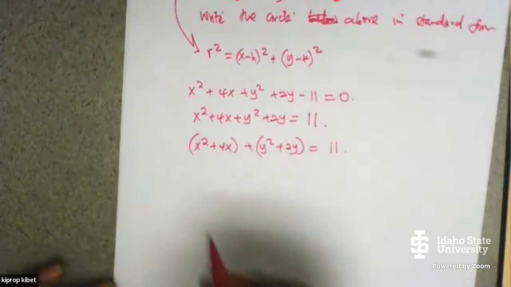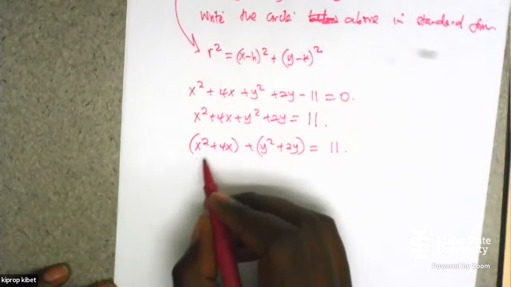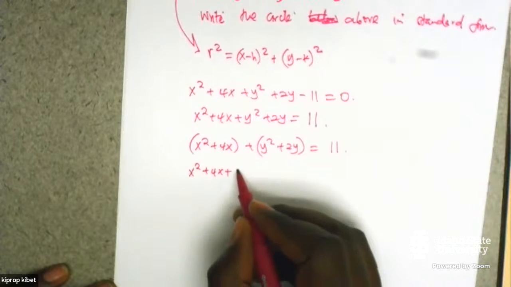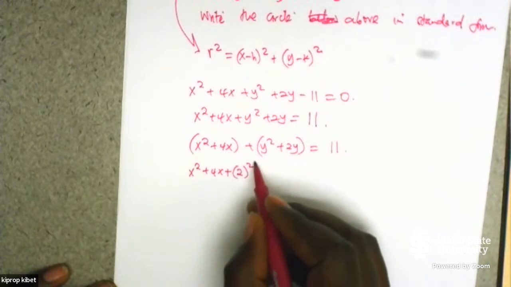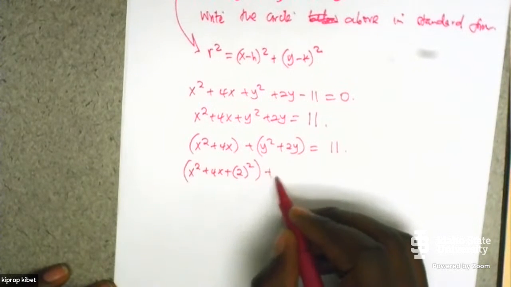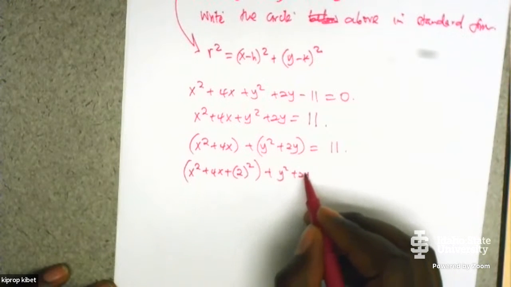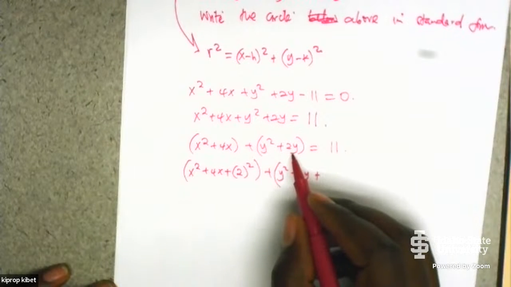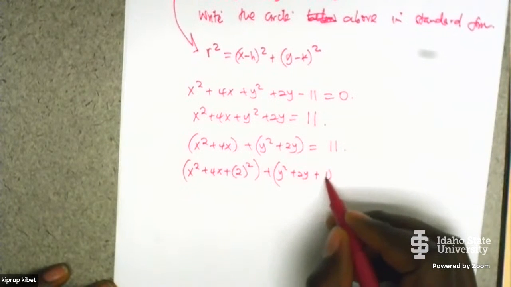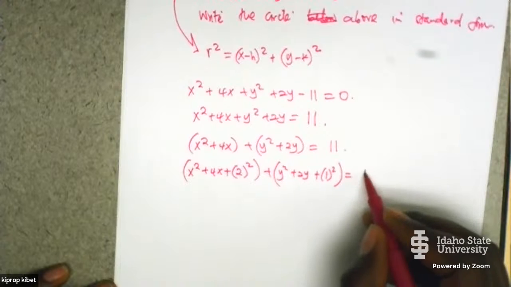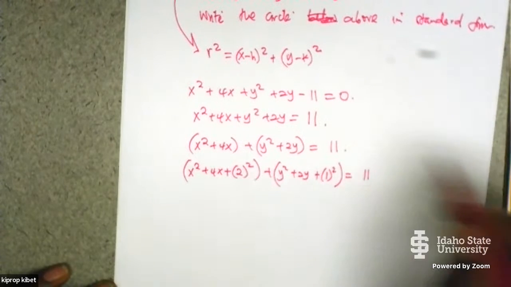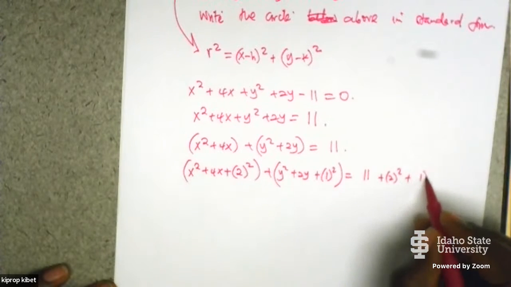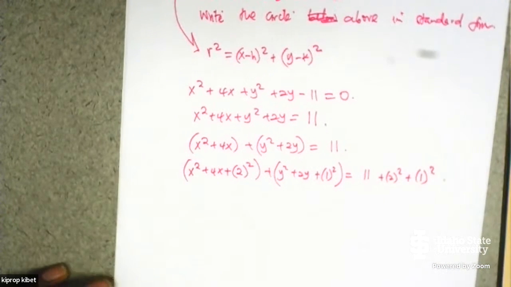So here, half the coefficient of x is 2. So x squared plus 4x plus 2 square, plus y squared plus 2y plus half the coefficient of y, which is 1, so 1 square, equals 11, plus 2 square plus 1 square.